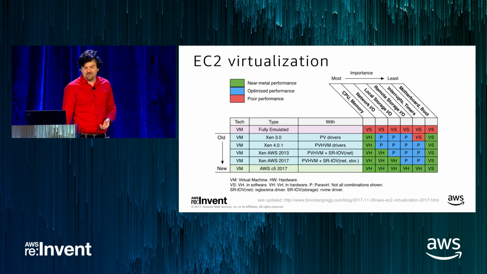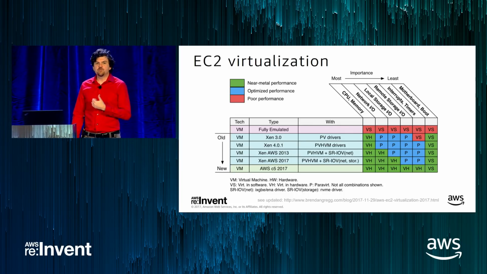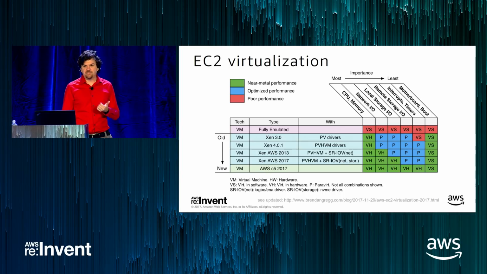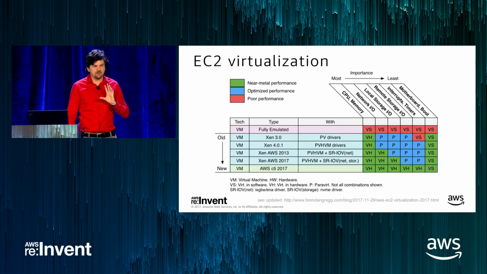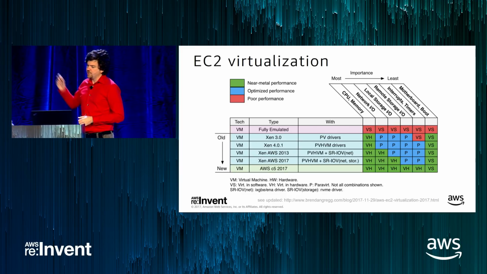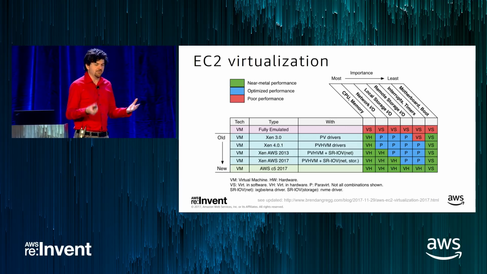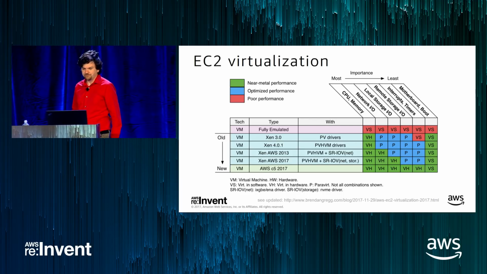Moving forward to the Xen AWS 2013 offerings, this is where we then had I2 instances with the SR-IOV networking. So now I can take the network I/O column, and that has hardware virtualization support. So network I/O workloads became very fast.